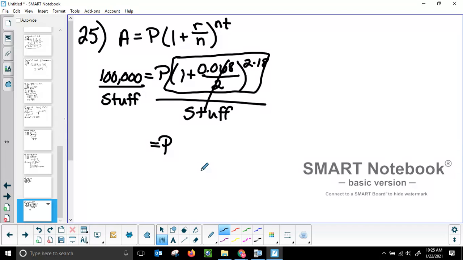So 100,000 divided by 1 plus 0.068 over 2, all raised to the 36th power.